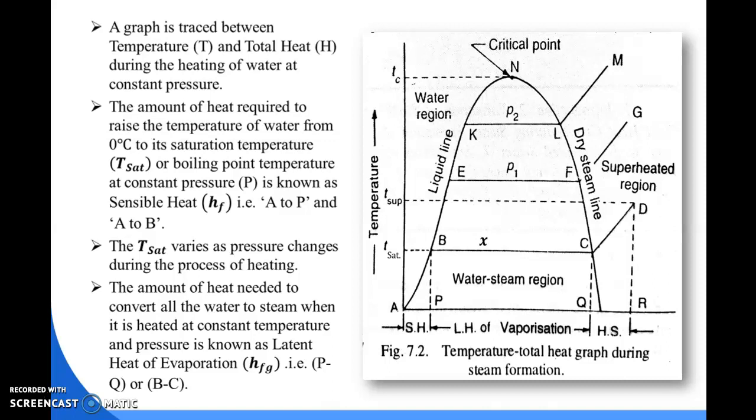The point at which the latent heat of evaporation becomes 0, that is N, is known as the critical point. So, at the critical point, the pressure is Pc and temperature is Tc. Generally, the critical temperature of water is 374 degrees centigrade, whereas the critical pressure of water is 221 bar.